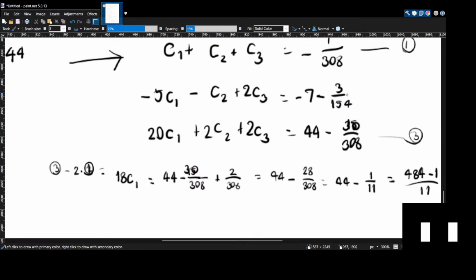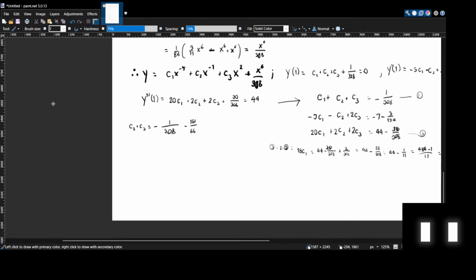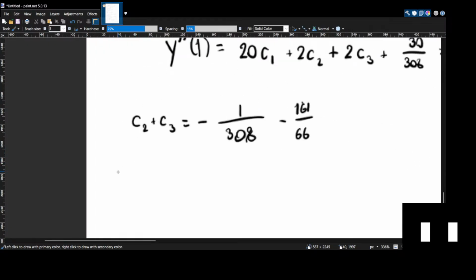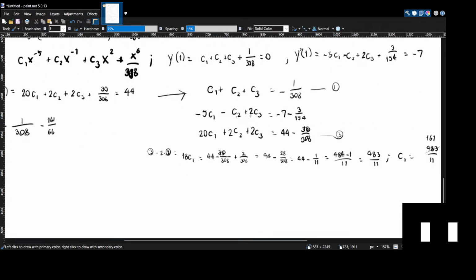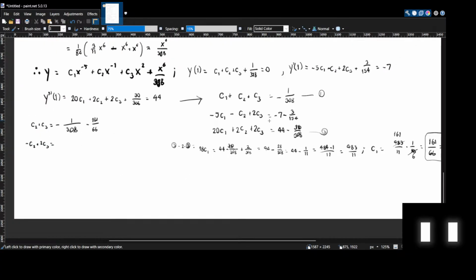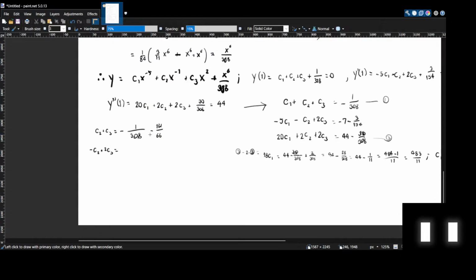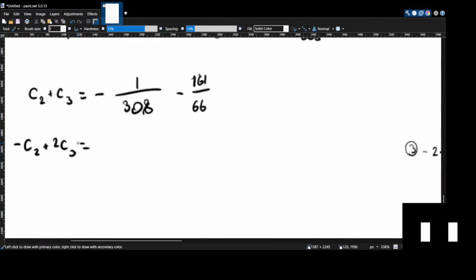And then negative C2 plus 2C3 is equal to negative 5, so that becomes positive 5. That's 7 minus 3. That's going to be negative 7 minus 3 over 154.